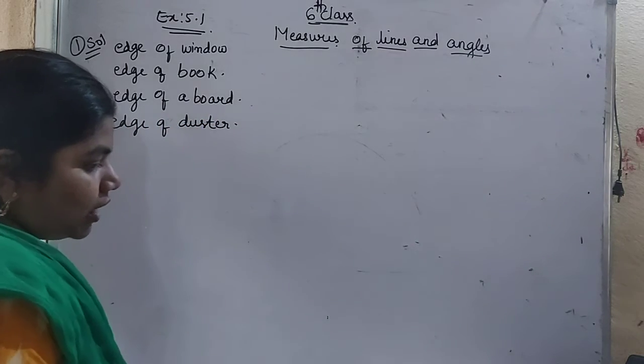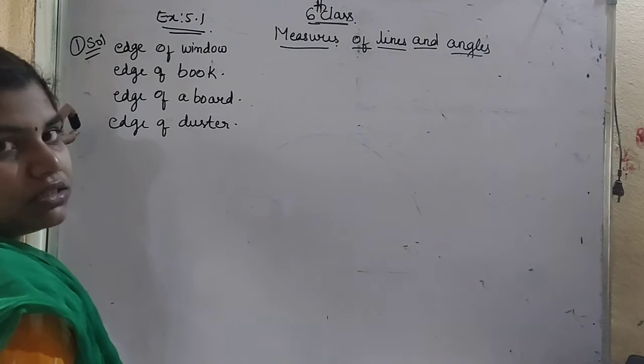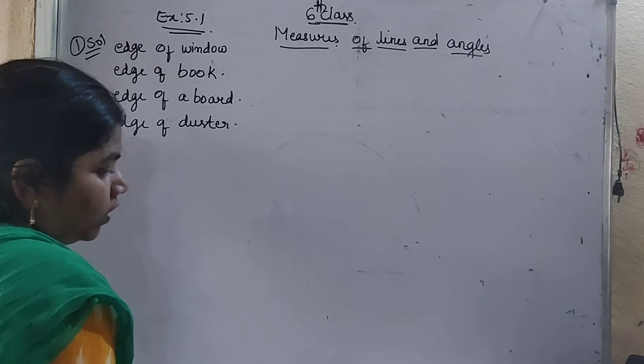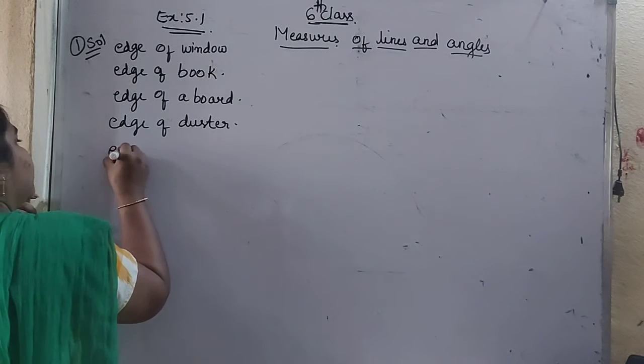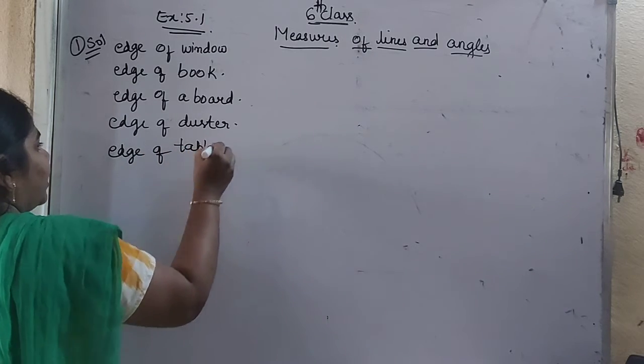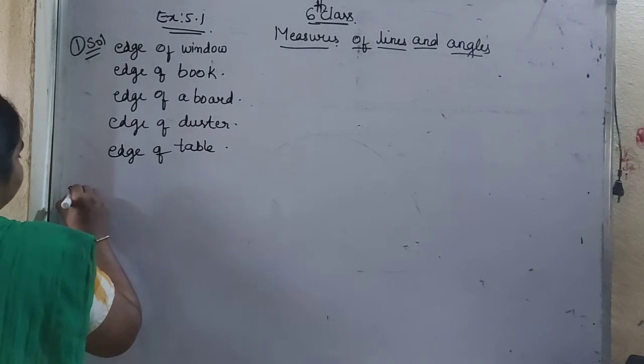So these all are the examples for line segments. One more we want, they asked for 5 examples, so we can take the edge of a table. So these are the 5 examples for line segments. So this is our first one.